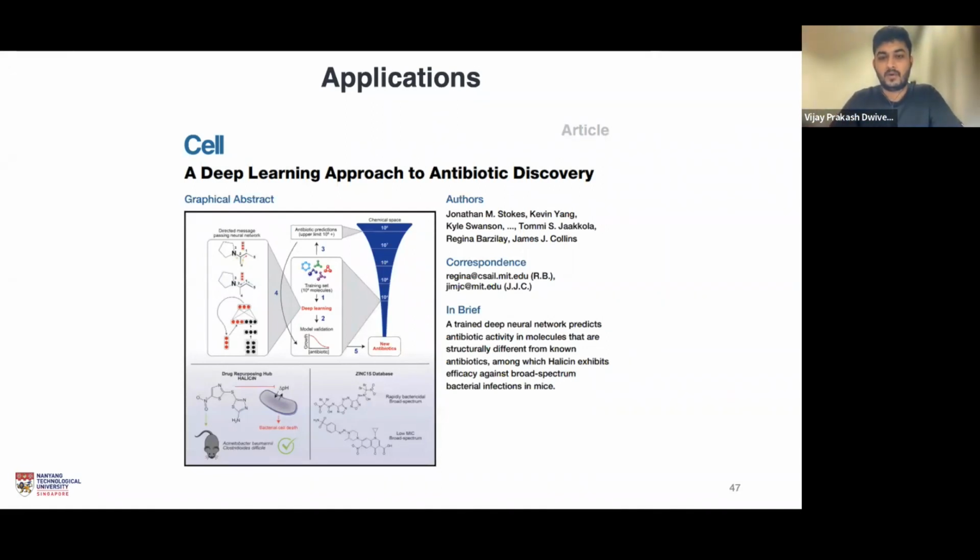And based on the model learned on this kind of property, it searched through a big database to find the most promising candidate antibiotics that were later sent for experimental tests. And finally, the molecule was discovered as halicin. You can read about it. It's a very interesting application of deep learning that uses GNNs for antibiotic or drug discovery in general.